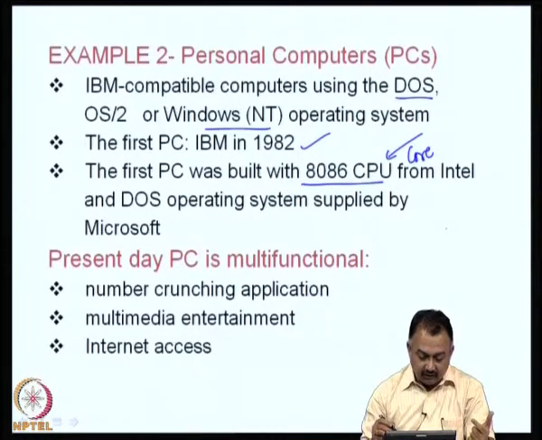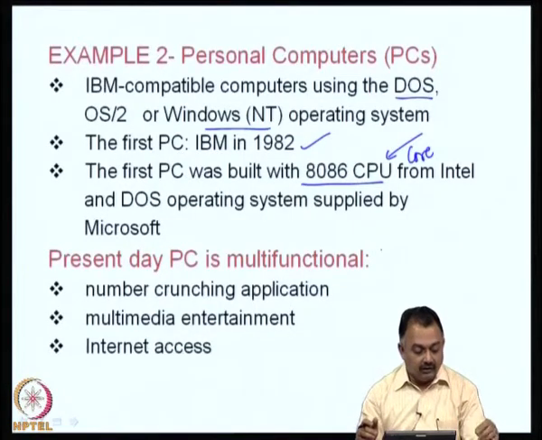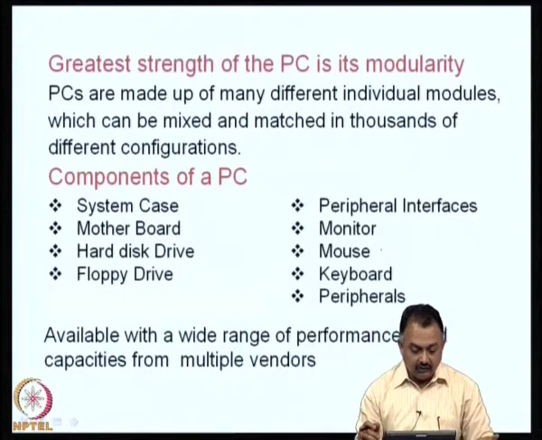Present day PC is multifunctional. We require a lot of activities, a lot of calculations, internet access, and various other interfaces are being used. So, generally if you want to make a desktop PC, you will have different modules which can be mixed and matched with different configurations. Components of a PC, typically you have a system case, a motherboard, hard disk drive.